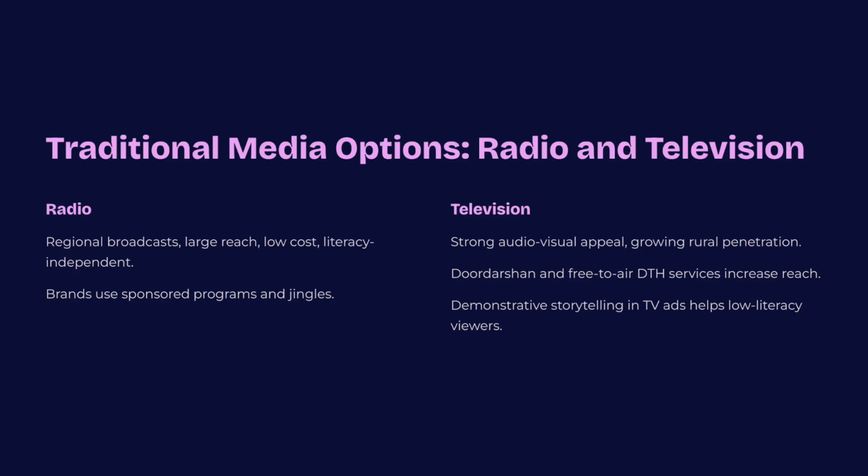Demonstrations and storytelling within advertisements can be highly effective, while electricity access and fewer channel options can be factors. Primetime slots on popular terrestrial channels and the rise of free-to-air DTH services have significantly expanded rural viewership in recent years. Next, in traditional media, we have print media.